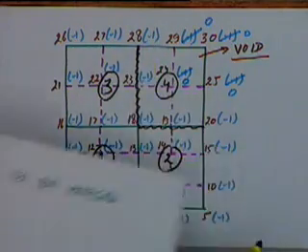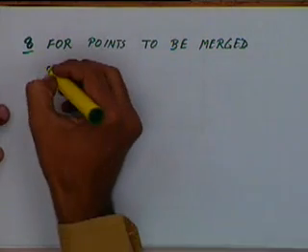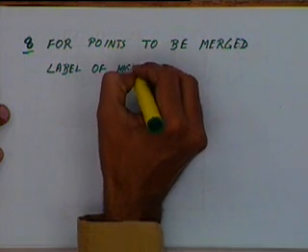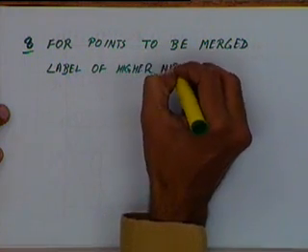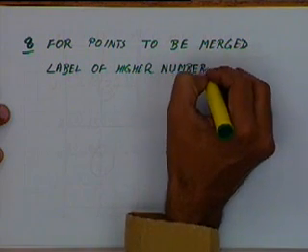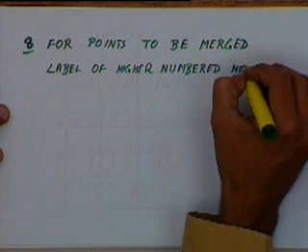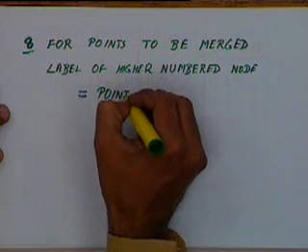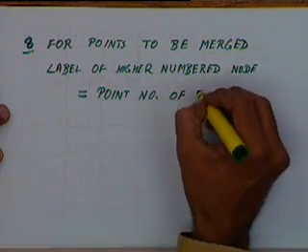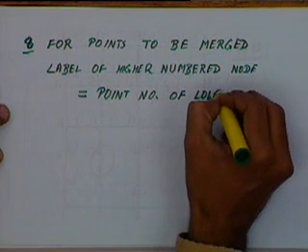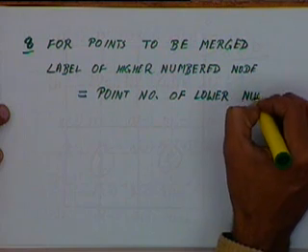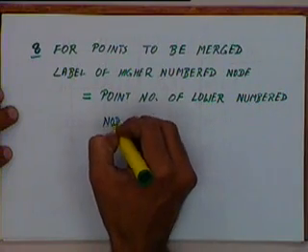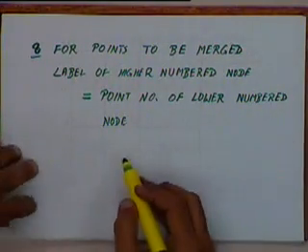So for points to be merged, the label of the higher numbered node will be made equal to the node number of the lower numbered node.